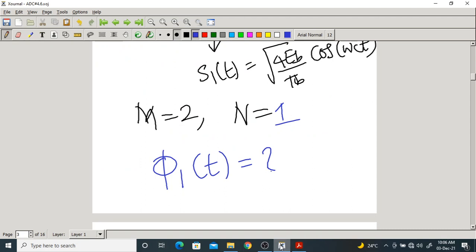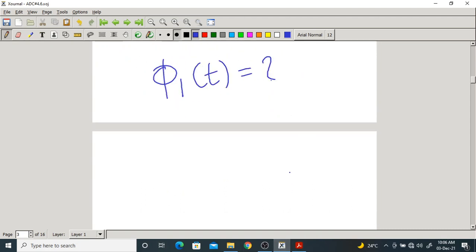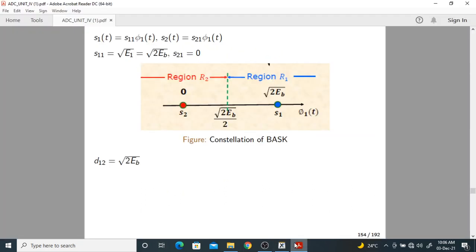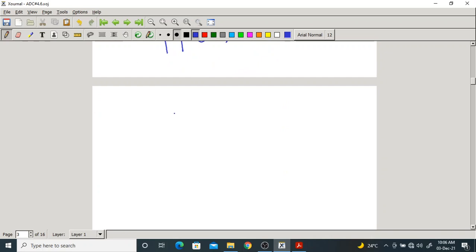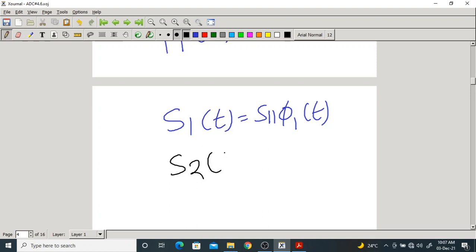Since there is only one basis function, how to write s1 of t? s11 phi 1 of t. How to write s2 of t? s21 phi 1 of t.